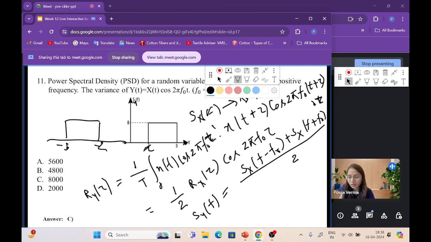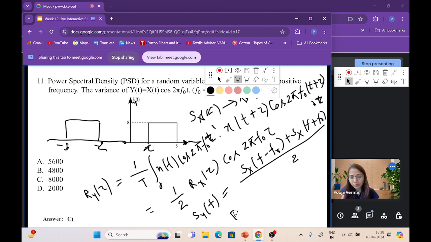What is that point? What is the distance between two? That is 4. So after 4, it will again repeat, at a certain frequency. Okay, so now we have got Sy of f.